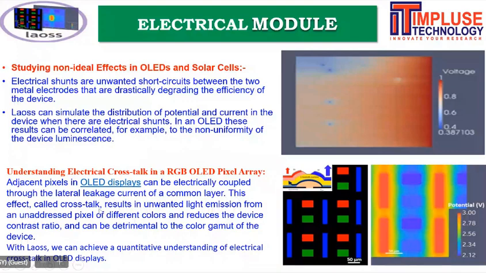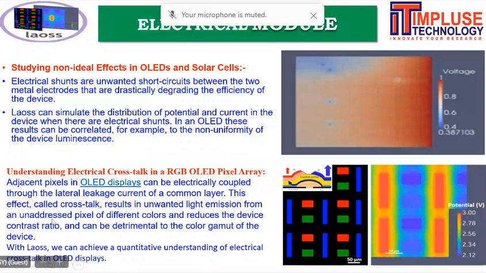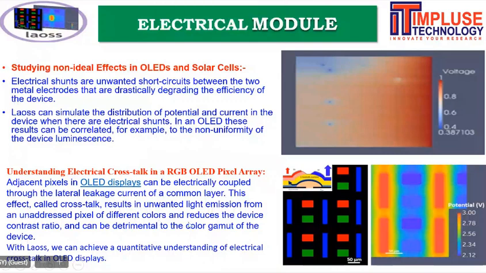So this effect, the pixels having different colors, will reduce the contrast ratio, and that can determine the color gamut of the device. So LAOSS can achieve a quantitative understanding of electrical crosstalk in OLED.